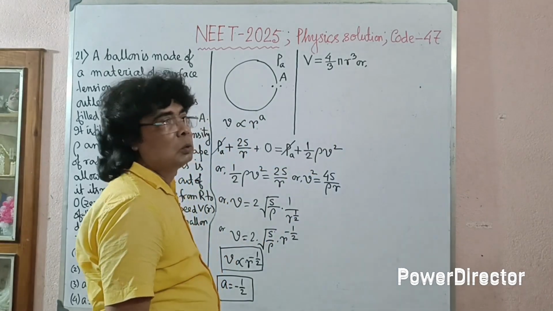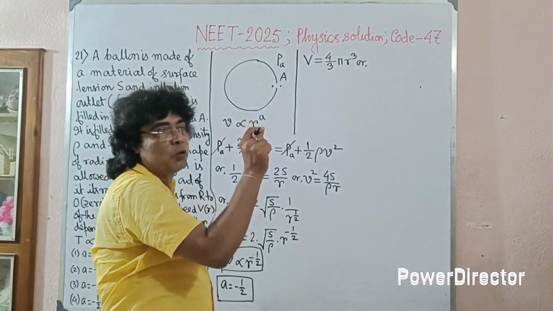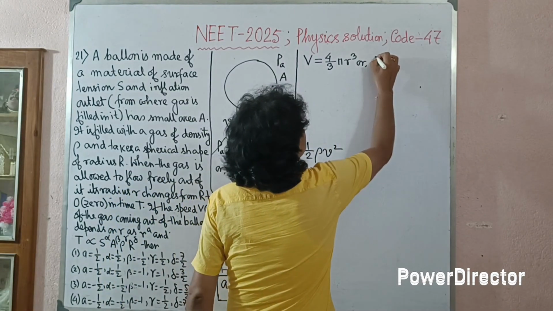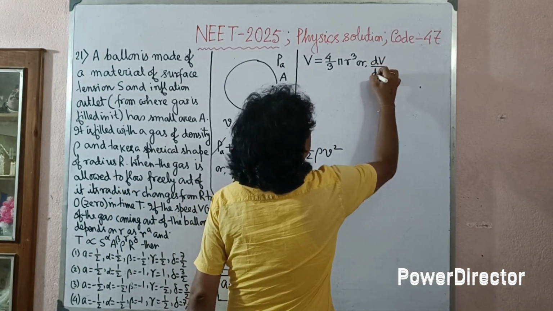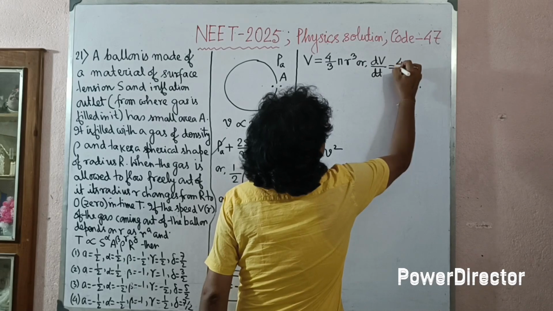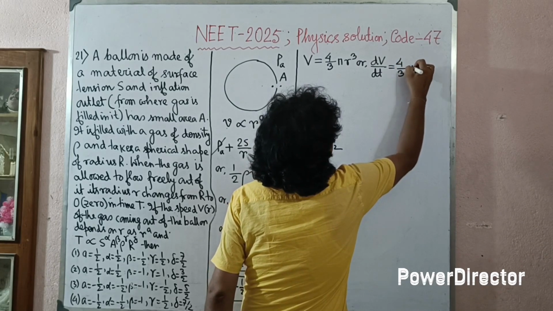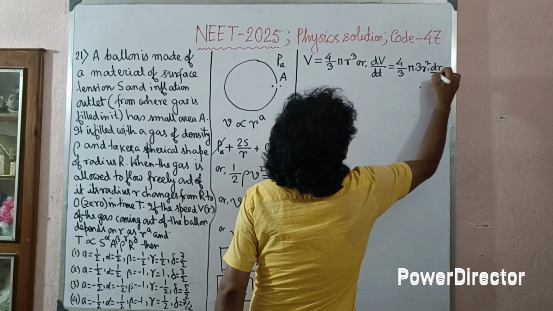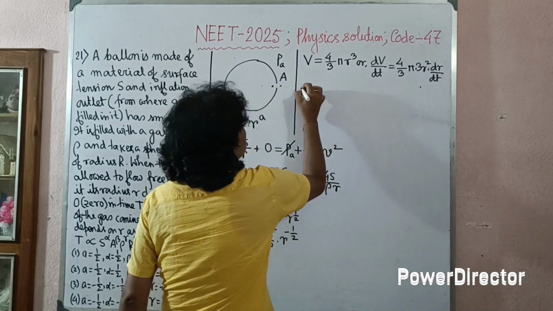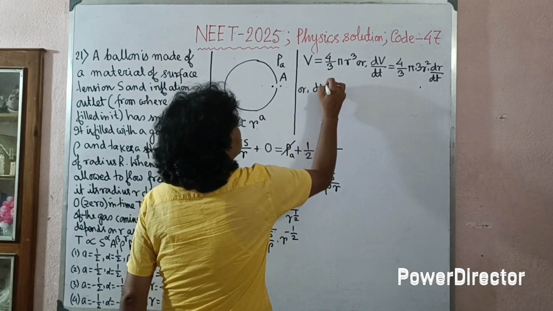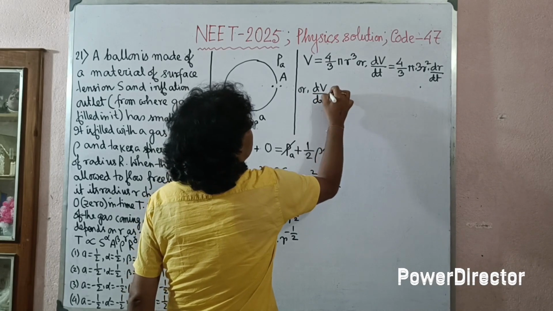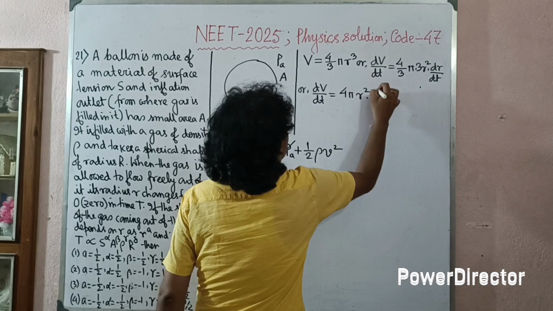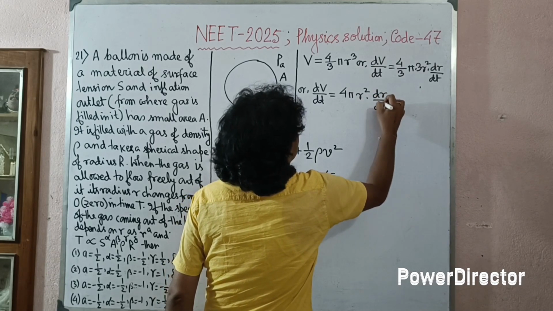Now we differentiate this equation with respect to time. Now dV dt equal to 4 by 3 pi 3 r square dr dt, or dV dt equal to 4 pi r square dr dt.